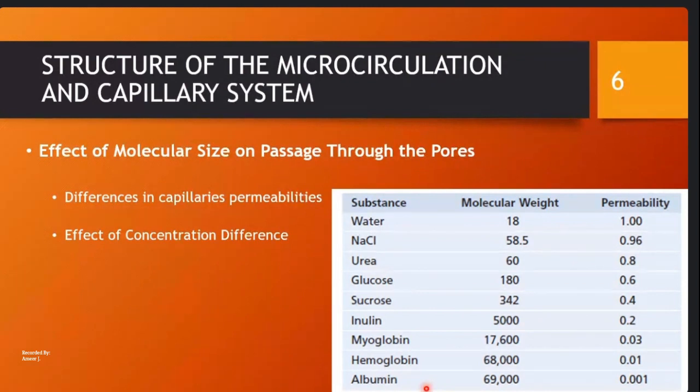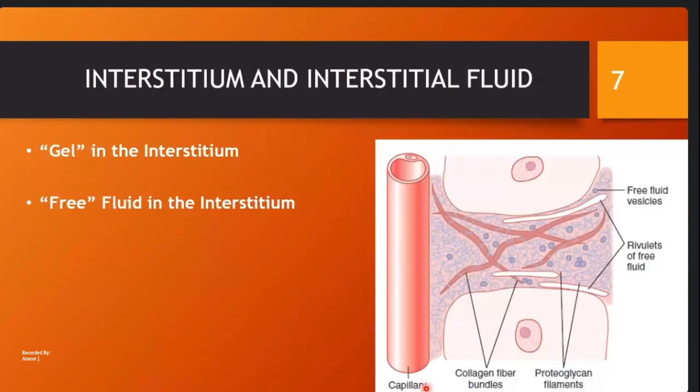And when the molecule concentration is reduced in the vessel, it is more likely to receive this molecule from the interstitial tissue because of the difference in concentration.